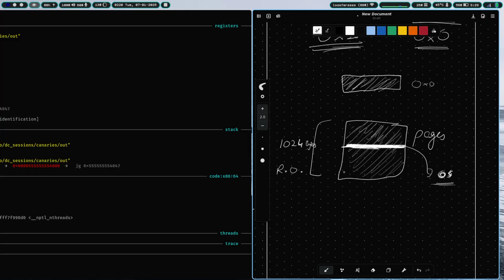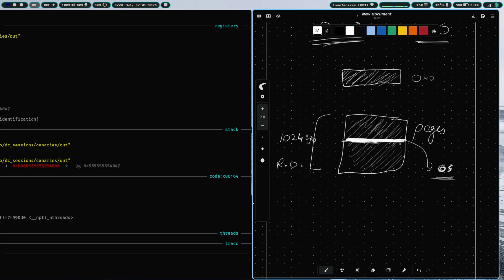And once we access this, this will be our canary. So you can have a bunch of canaries over here. So that's how canaries work in the operating system and the binary.